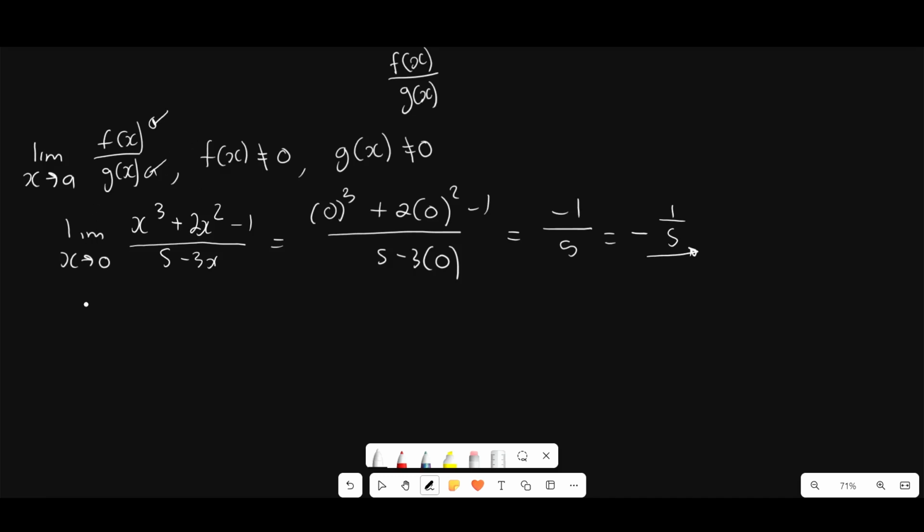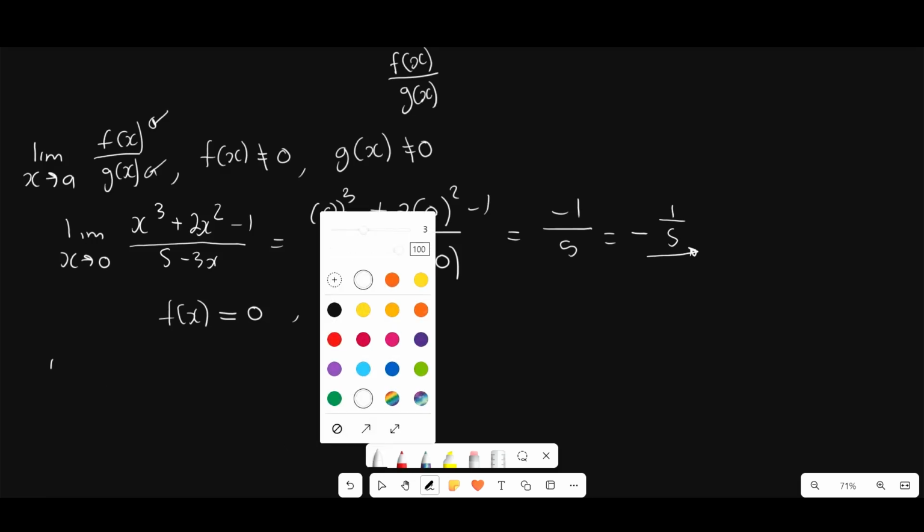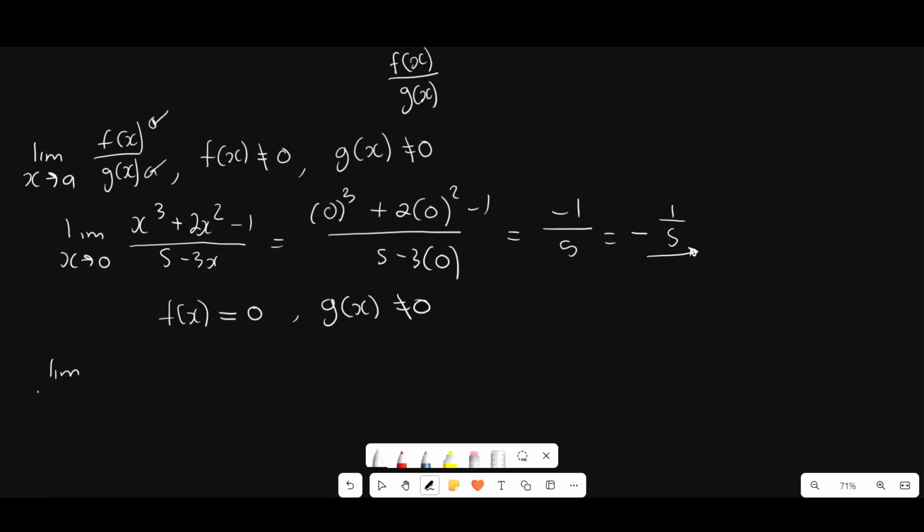Now let us look at what happens when f(x) is equal to 0, but g(x) is not equal to 0. Let's say the limit as x approaches 1 of x squared minus 3x plus 2, all divided by x plus 1.